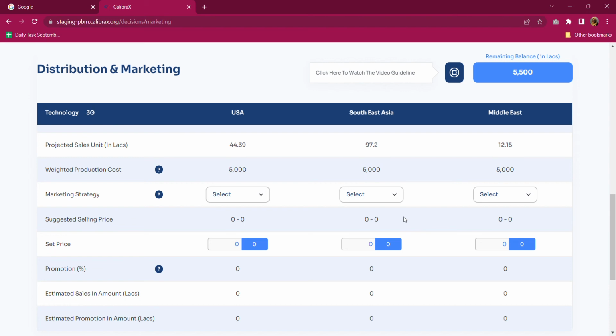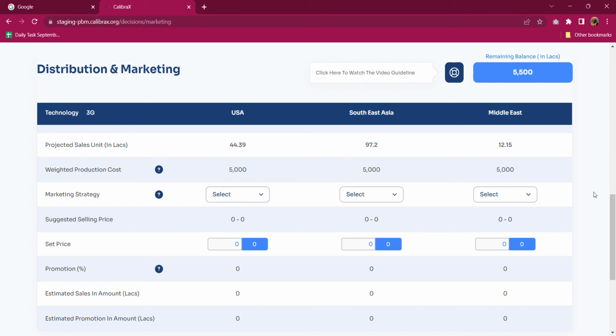Here teams could have a look at the forecasted market size that they have fixed initially along with the projected sales units in the different markets. Next, teams should carefully devise and choose the marketing strategy, which here we have seen in the tab, for each market in which they are going to compete.